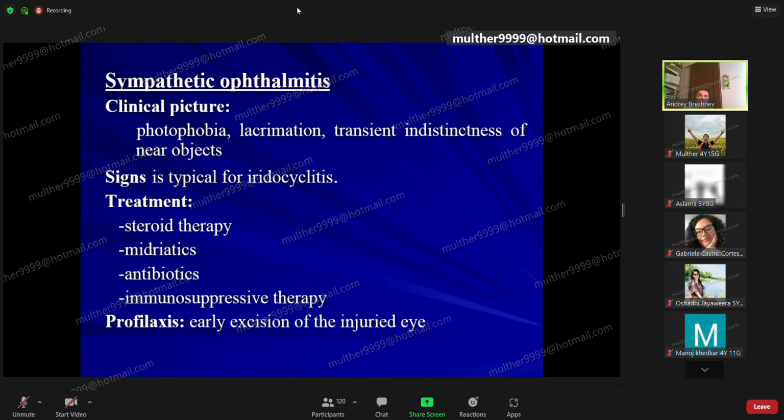For example, during the last 20 years of my everyday practice, I saw 1 or 2 such patients. Prognosis: if sympathetic ophthalmitis is diagnosed early and immediate treatment with steroids is started, useful vision may be obtained. However, in advanced cases, prognosis is very poor, even after the best treatment.